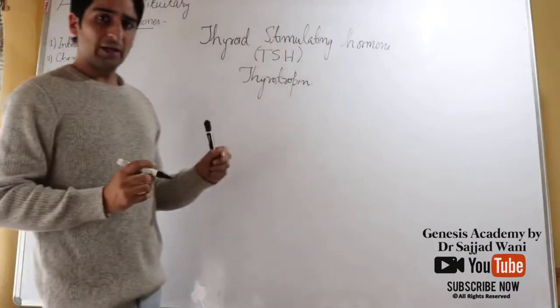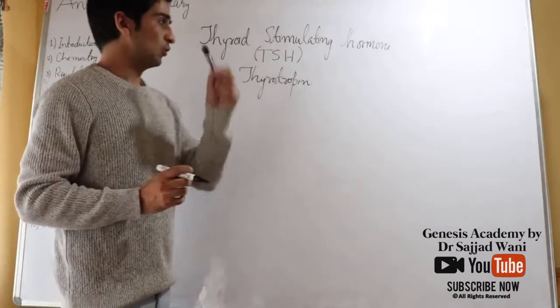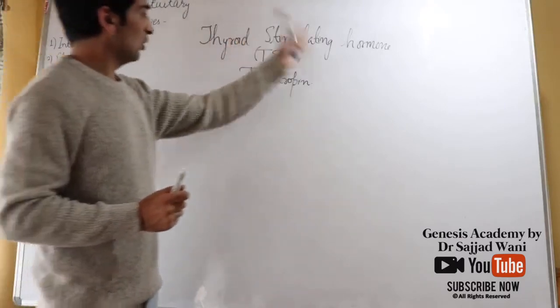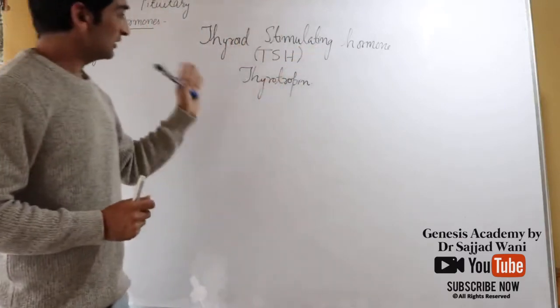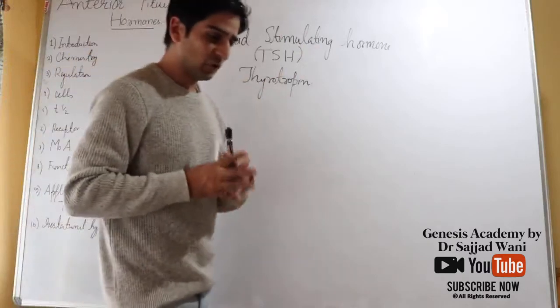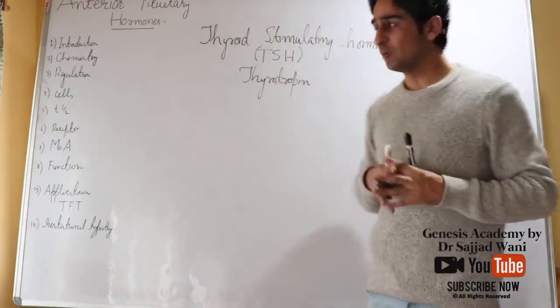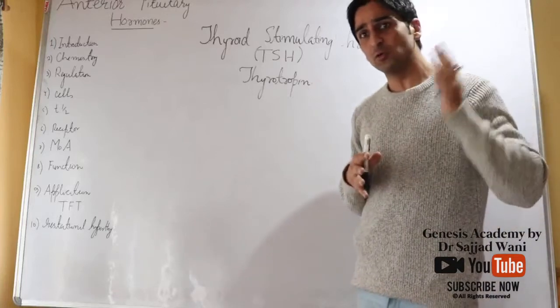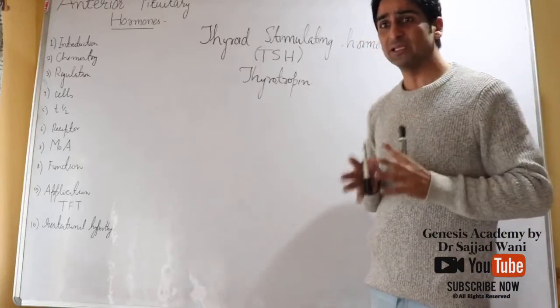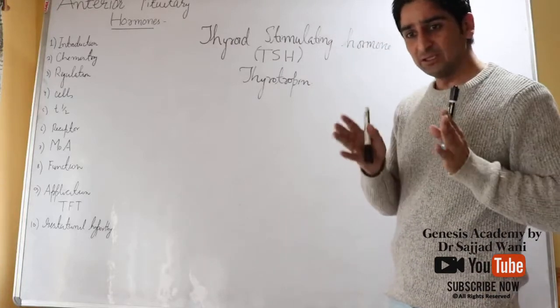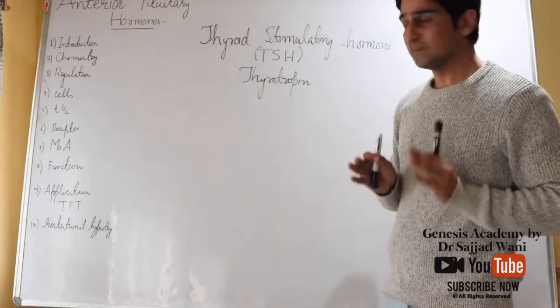And it is also called as thyrotrophic hormone, right? So this thyroid stimulating hormone, TSH or thyrotropin, is released from the anterior lobe of pituitary by the thyrotroph cells of the anterior pituitary, which I already told you that they are the basophilic cells of the anterior pituitary, included under the heading of chromophilic cells, right?